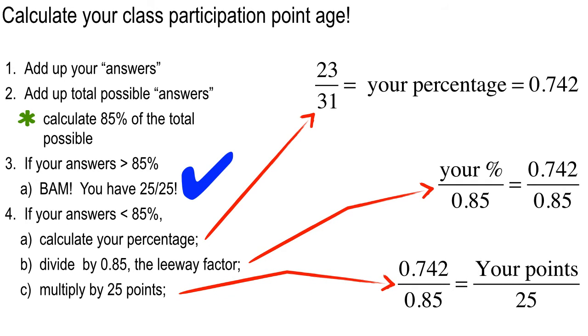So basically you're solving this proportion: 0.742 divided by 0.85 equals your points divided by 25. Solve that, cross multiply basically, and you'll get a number of points, and it'll be a fraction, probably, 23 point something. So I always round up. All right. Now let's figure it out.